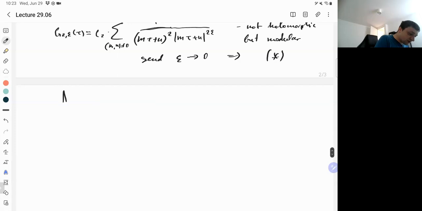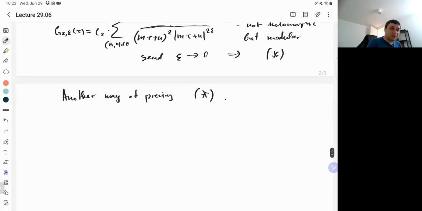There's another way of proving star, is, well, we know the generators of the modular group are S and T. So for T, this identity we know because E2 is still periodic, or G2 is still periodic, so this is okay.